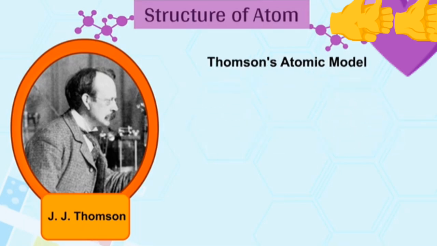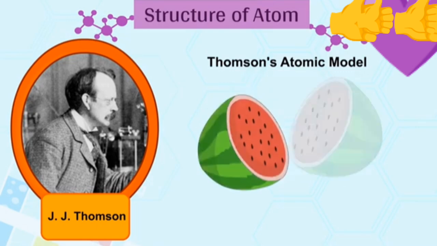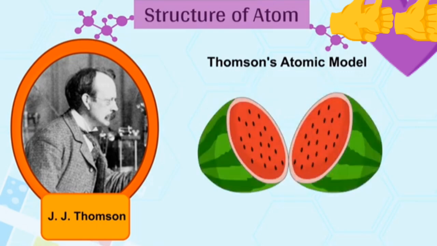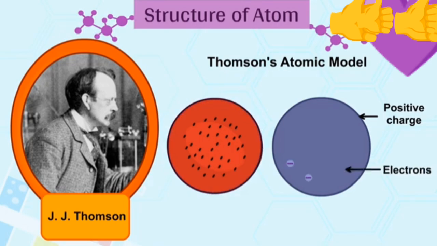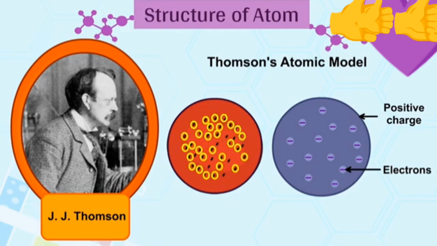Thomson presented a model related to the structure of an atom that was like a watermelon. According to this, the positive charge in the atom is spread all over, like the red edible part of the watermelon, while the electrons are studded in the positively charged sphere, like the seeds in the watermelon.